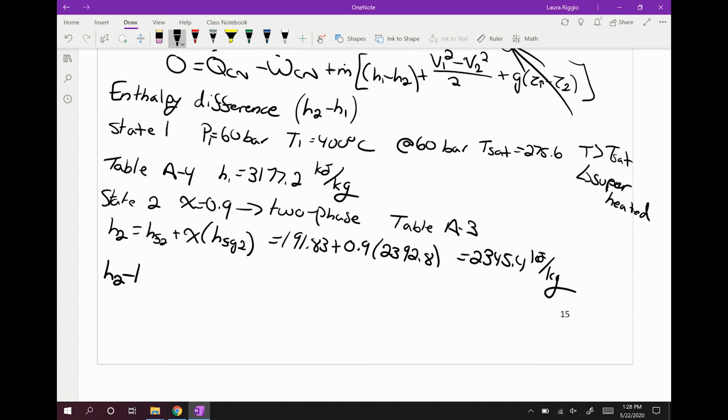So H2 minus H1 is equal to minus 831.8 kilojoules per kilogram.